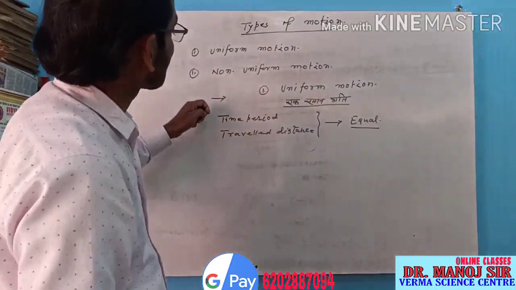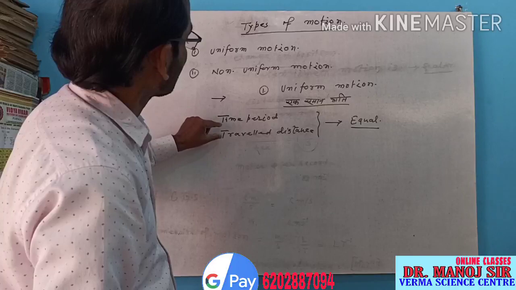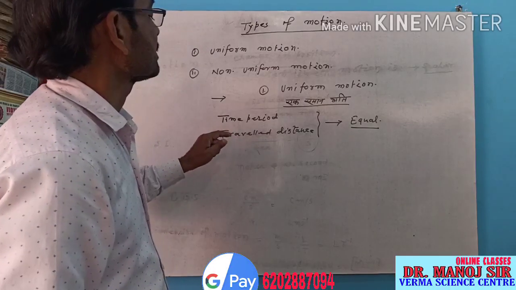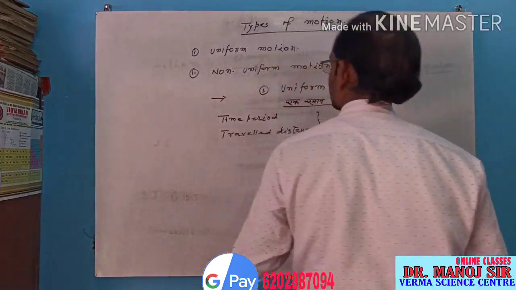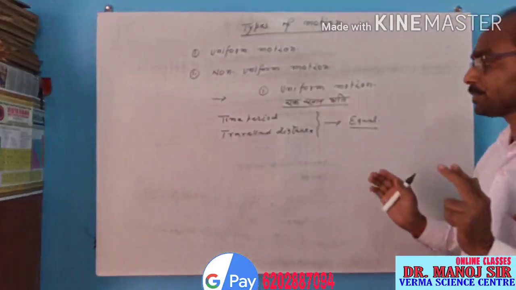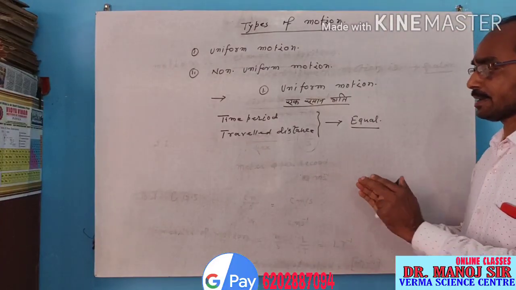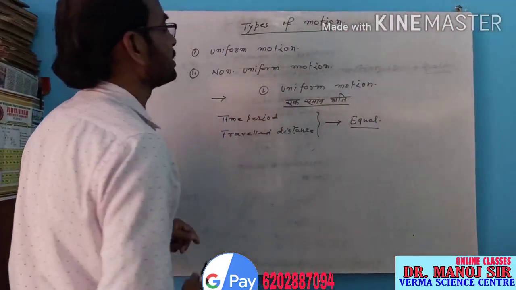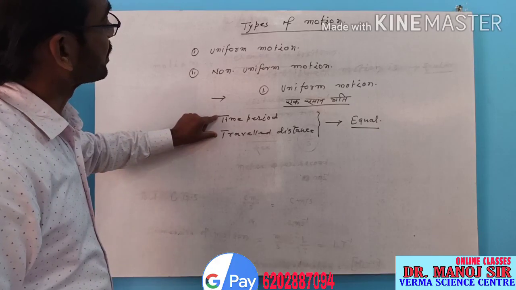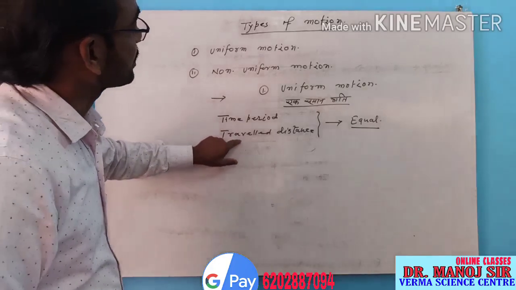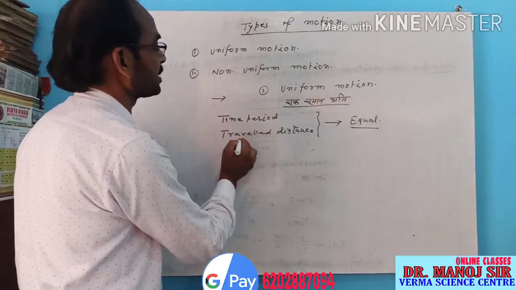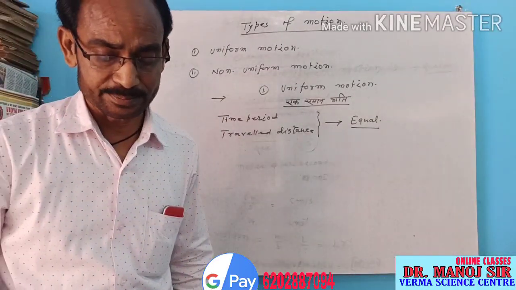The time period and the travel distance differences are equal in each and every step. So it can be defined by the travel distance and time period being equal.